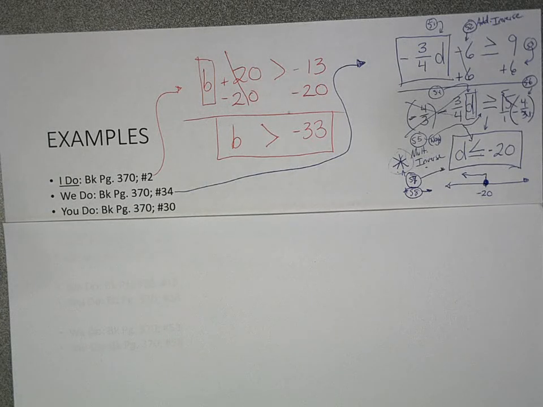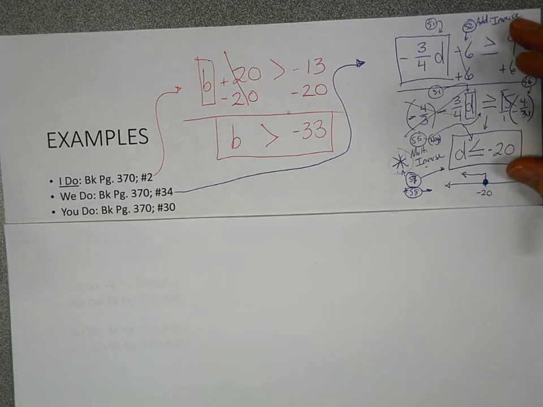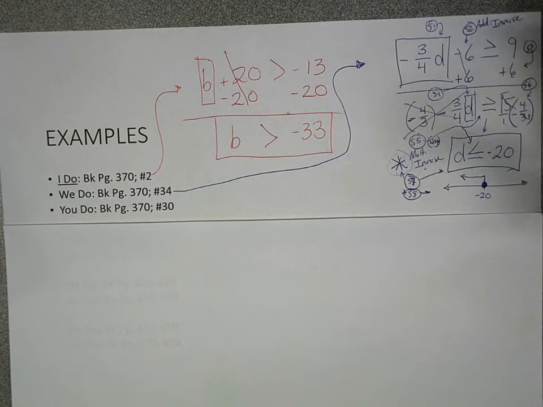Anyone need more time? All right, so during those 30 seconds, guys, make sure you have every single part of it showing work on both sides. Make sure the inequality solution is written correctly, and then, of course, the graph matches each other as well. All right, 30 seconds, go.